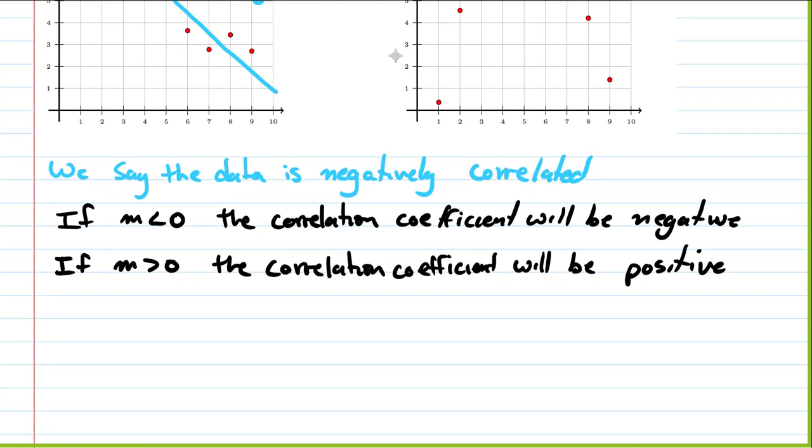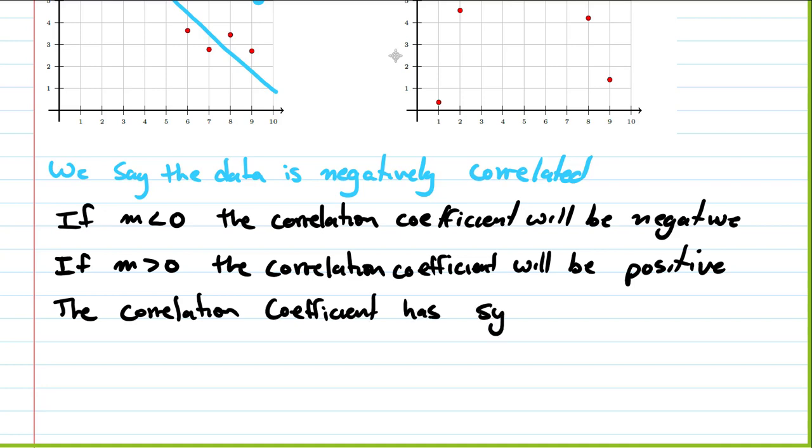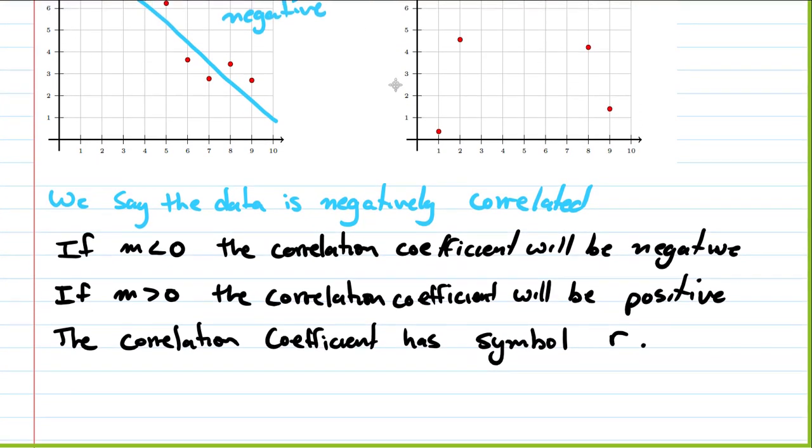So the symbol for the correlation coefficient has symbol lowercase r. And that comes from, in statistics, they don't call it the correlation coefficient. Well, they do, but the official name is the residual, and that has to do with some stuff from matrix arithmetic, which we'll see later.